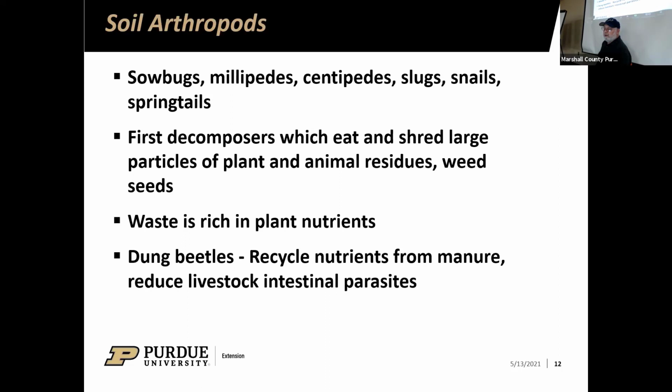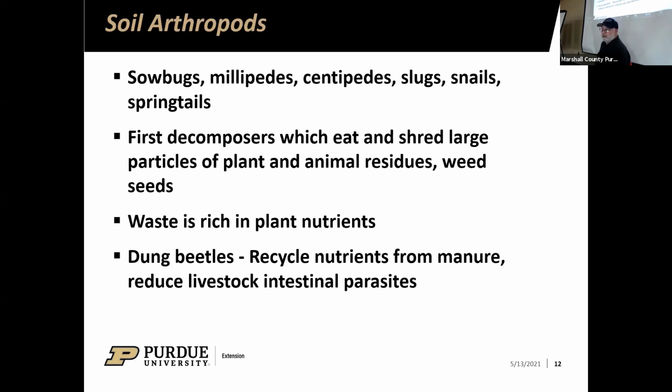So when we think about organisms, the larger arthropods: sow bugs, millipedes, centipedes. Just a quick note, if you have millipedes and centipedes in your house, they're eating organic matter. That's what they feed upon. Slugs, snails, springtails.